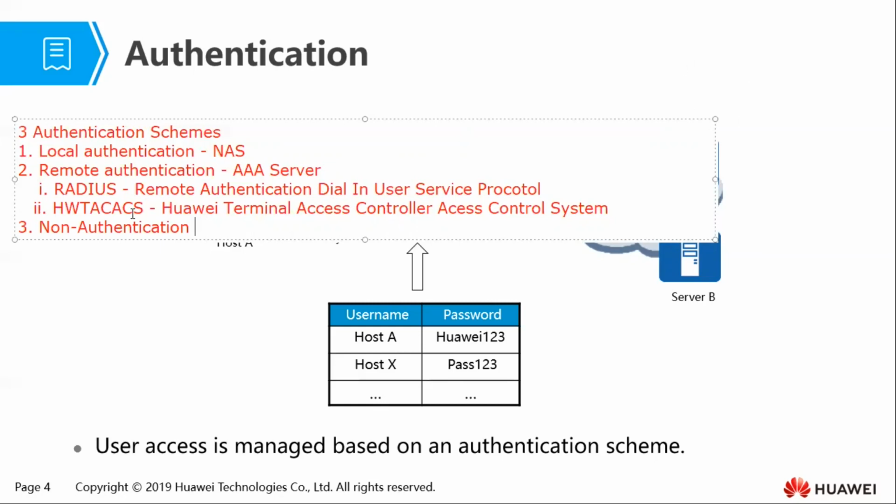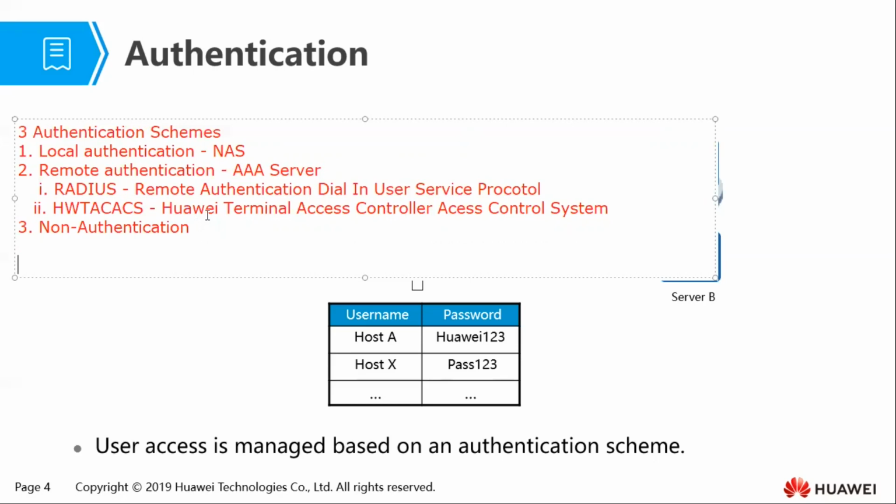Now, the other thing that you must understand is that you can actually configure more than one authentication scheme. For example, you can configure local together with remote authentication scheme in your router.